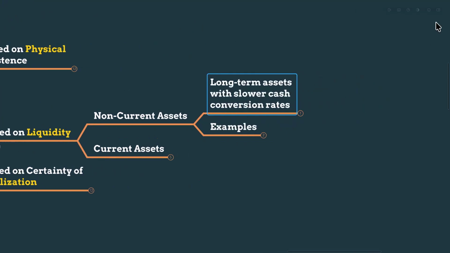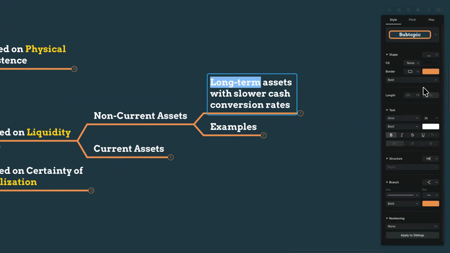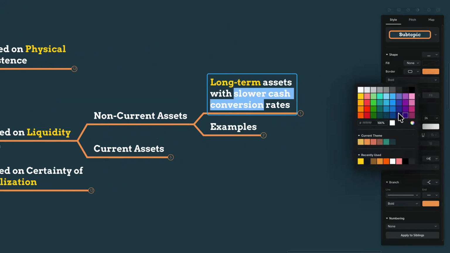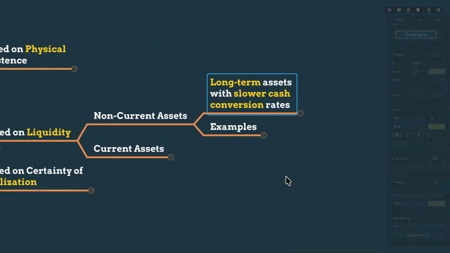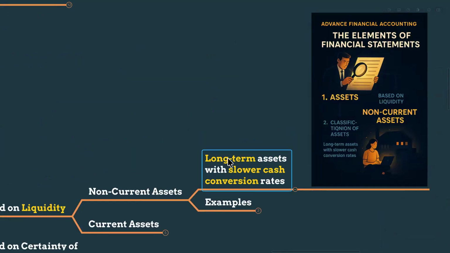These are long-term assets with a slower cash conversion rate. The two very important points are here: long-term assets and slower cash conversion. We can use them for many years, but we cannot convert them into cash very soon. So less liquidity, right?